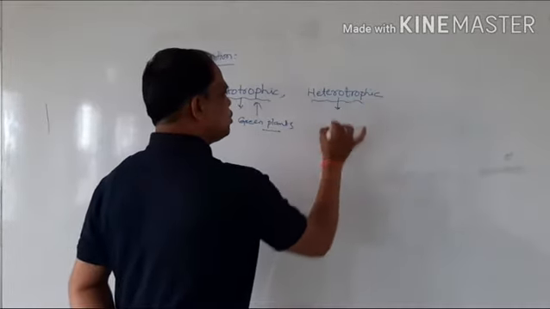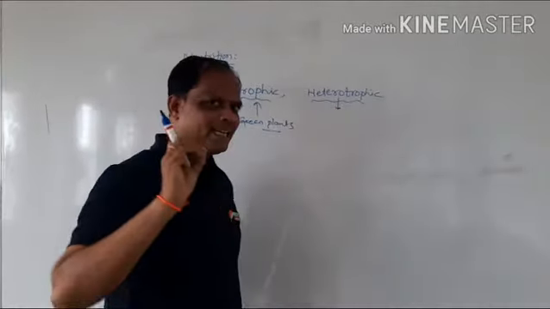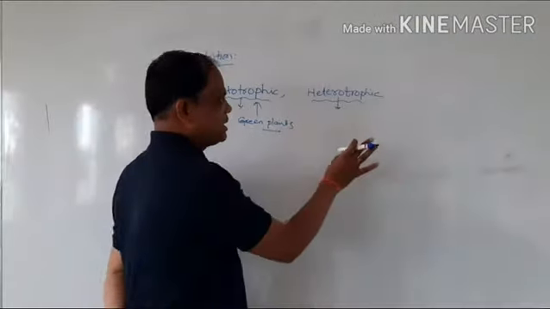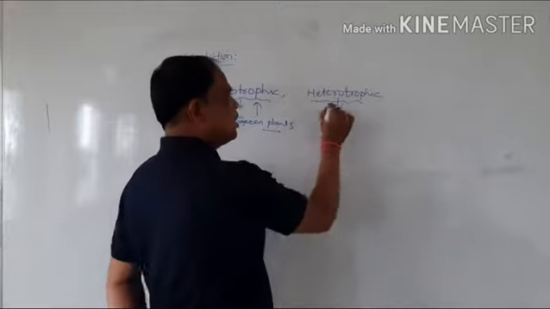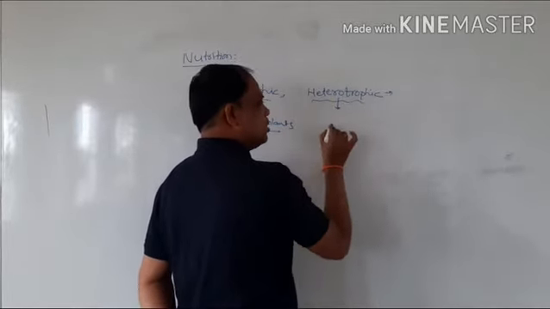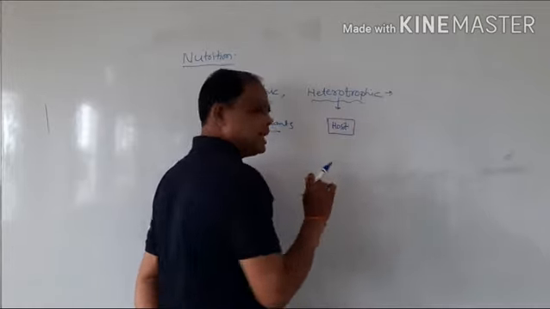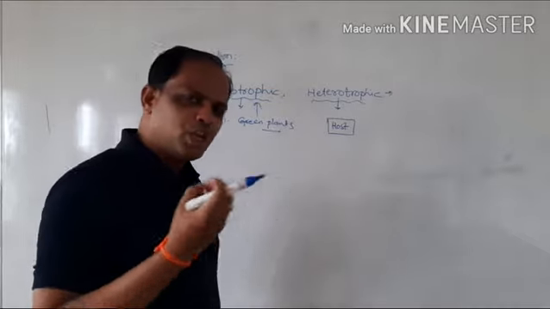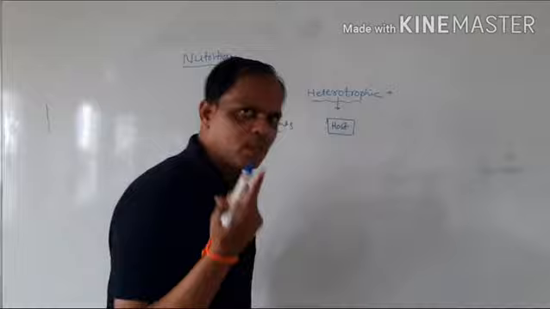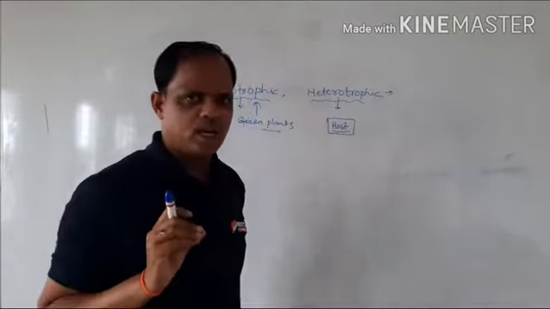Heterotrophic means these organisms are directly or indirectly dependent on host organisms. That is called heterotrophic nutrition. A host is an organism that gives shelter or food materials to other organisms, and it is called a host cell or host organism.